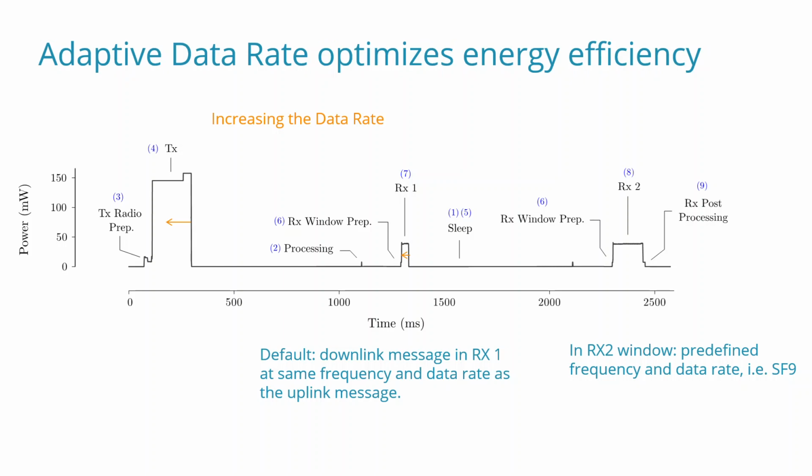When we are able to increase the data rate, as the SNR margin is positive, we decrease the energy consumption of both transmitting and receive window 1, while changing the transmit power only changes the power during transmit.